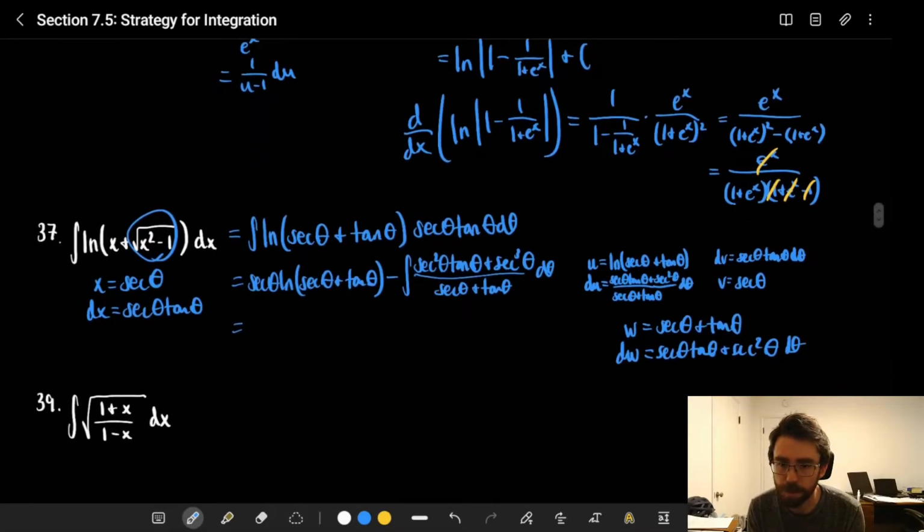Sorry, my video's blocking it. Because that's 1 over w dw, but it also has a secant. Secant theta is w minus tangent theta, but you can't really write theta nicely. Or w nicely.